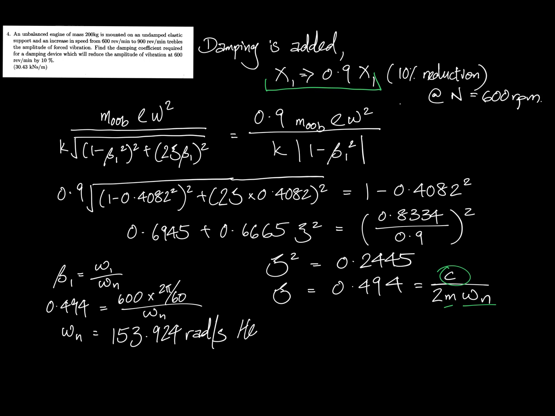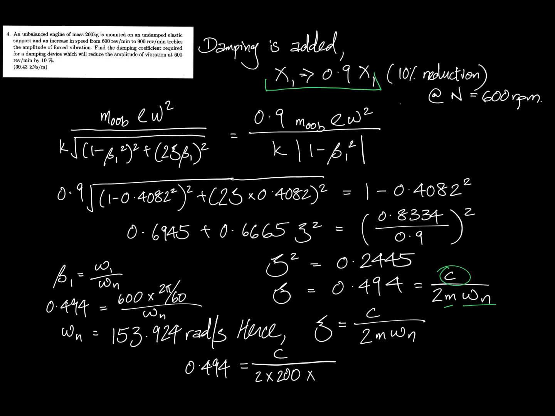Hence, zeta is equal to C over 2 M omega n. I can put 0.494 equals C, which is the unknown we want to find, over 2 times 200 kg, the mass, times my natural frequency 153.924.